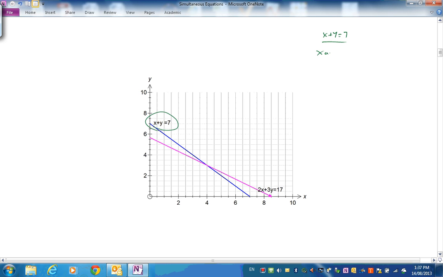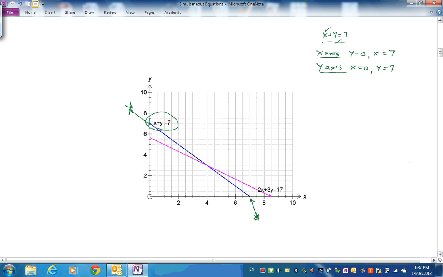Cuts the x-axis when y is 0. If you put that in the equation here, x would be 7. Cuts the y-axis when x is 0. And if x is 0, y would be 7. Can we plot that now? Let's see. Well, cuts the y-axis at 7, also cuts the x-axis at 7.